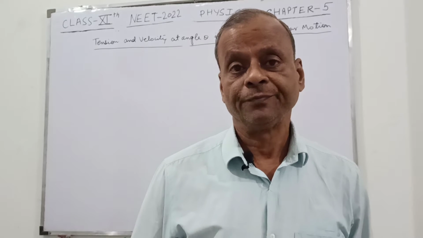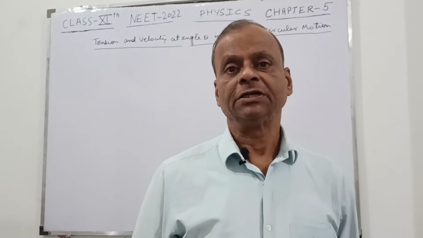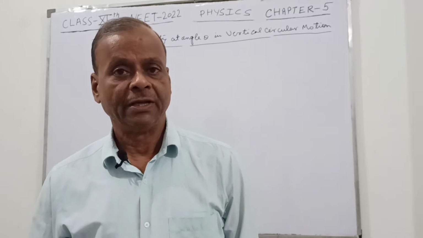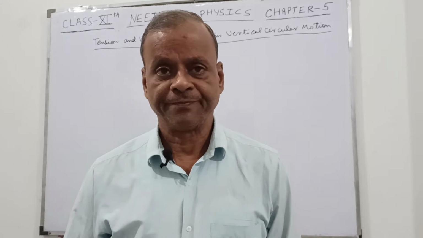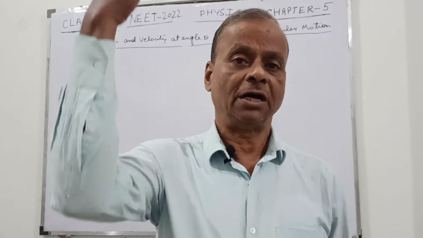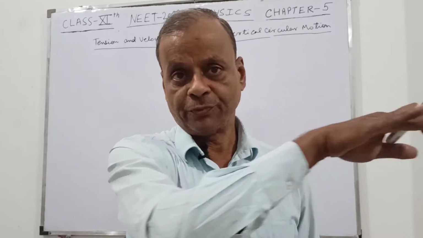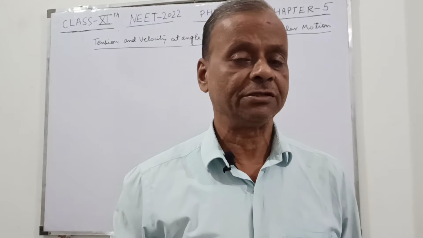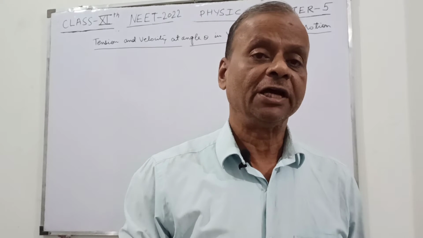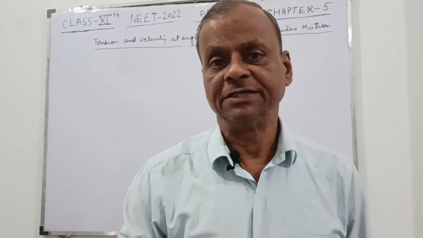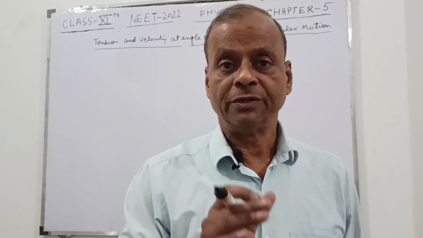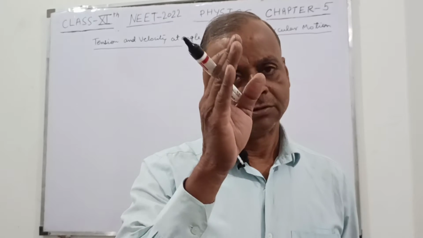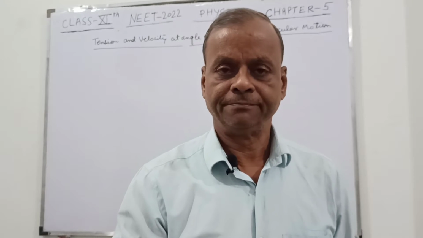There I told you how to find the velocity and the energy of the particle at the standard points: the lowest point, the highest point, and the points at the horizontal position. And today I will tell you how to find the tension and the velocity when the particle is at any angle with the vertical direction.